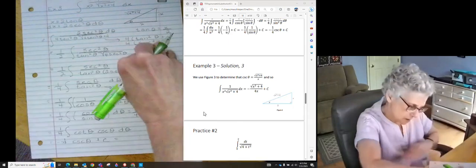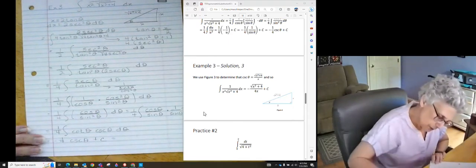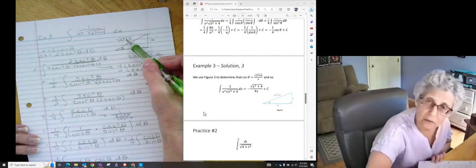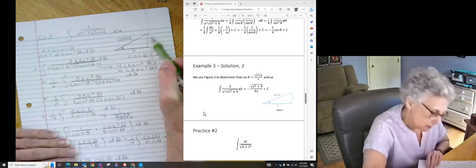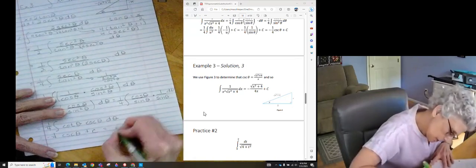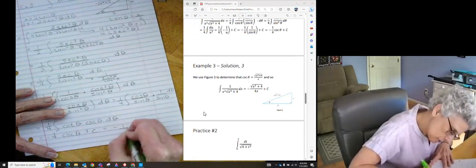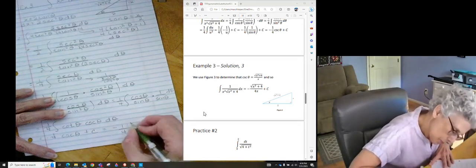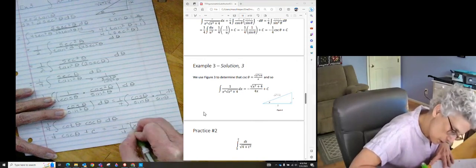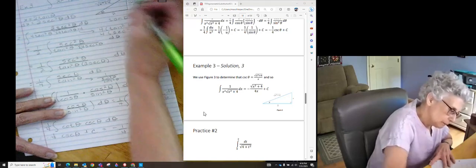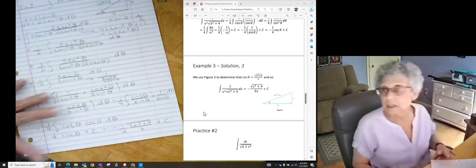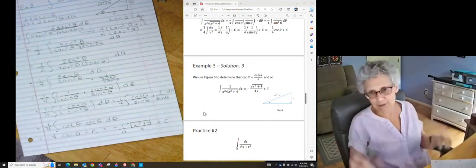I did cotangent, not cosecant. Negative 1/4 of cosecant. Cosecant is hypotenuse over opposite because it's 1 over sine. So it would be negative 1/4 hypotenuse, which is square root of x squared plus 4, over opposite, which is x, and then plus a constant. Now I have it right.